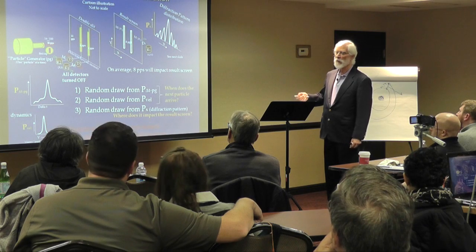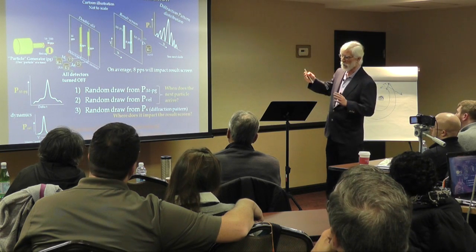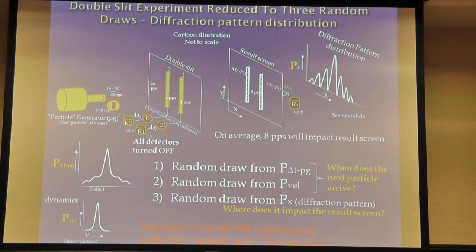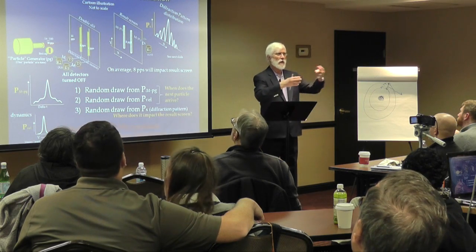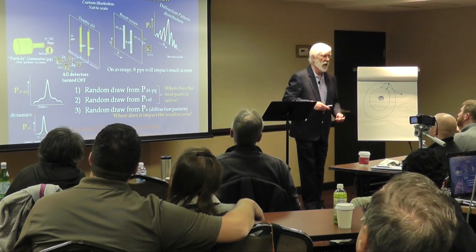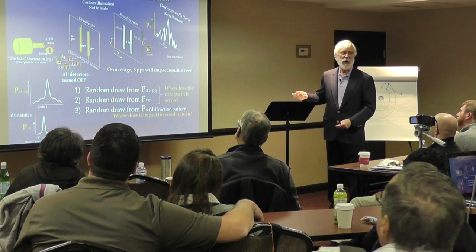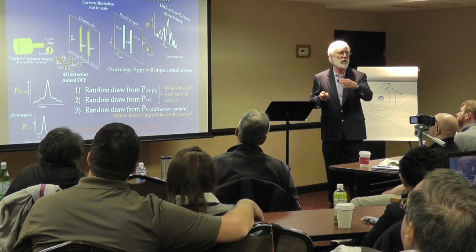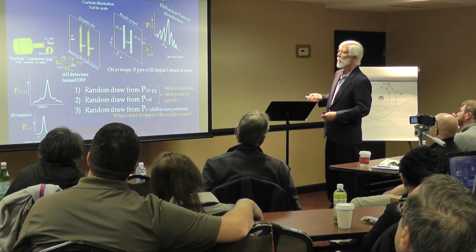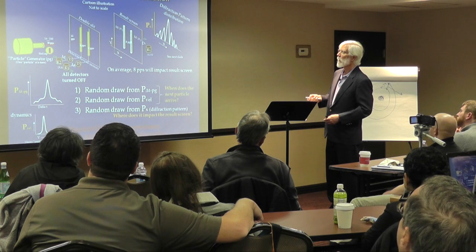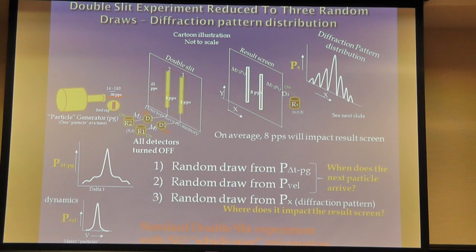These particles will be coming out anywhere from 180 down to 16 particles per second, or from about 5 milliseconds to about 61 milliseconds between them. And there'll be all sorts of randomness that'll come out there. But that will tell us what time it gets here. And if it's an actual massy particle like an electron, this has to be added in too, because the electrons can be coming out faster or slower. All right? So it takes these 3 random draws.